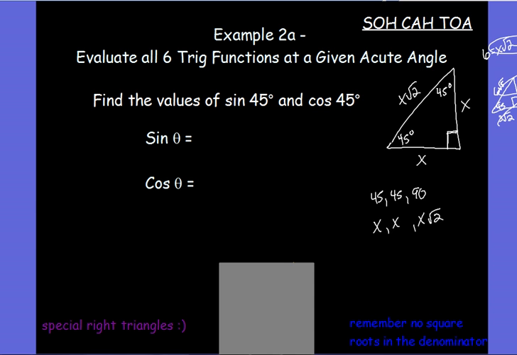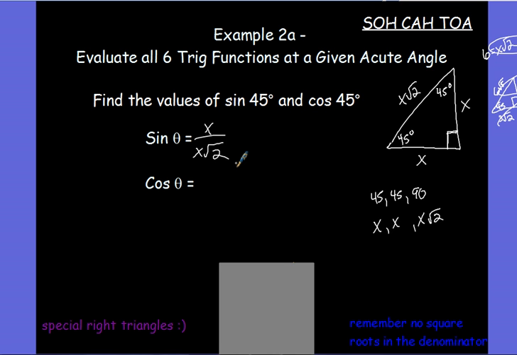In this case, I don't tell you anything except that it's a 45, 45, 90. I didn't even give you side lengths. But you know that whatever it is has to follow this pattern, right? So, can you tell me the sine then? It would be x over x square root of 2.